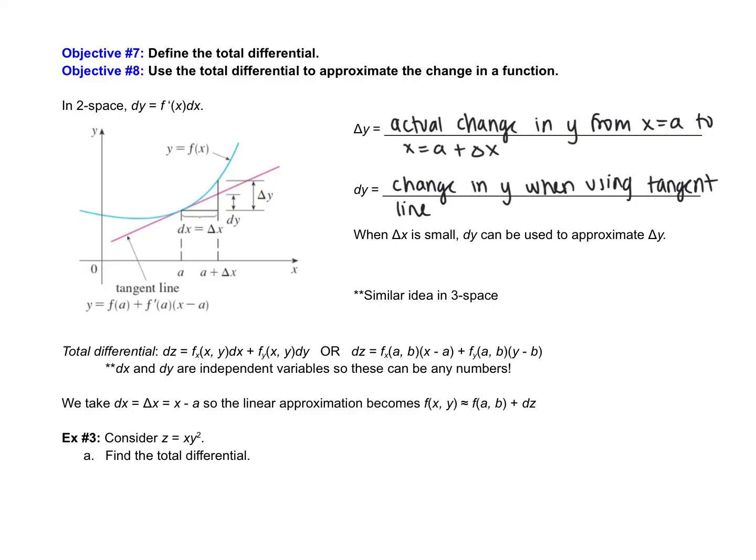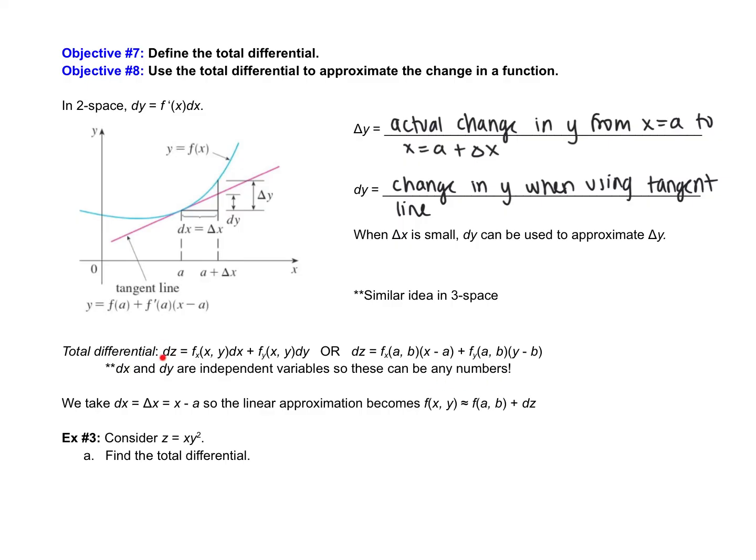So the total differential, dz, is equal to f of x dx plus f of y dy, or this is another way to write it. x and y are independent variables, so dx and dy can be any numbers.